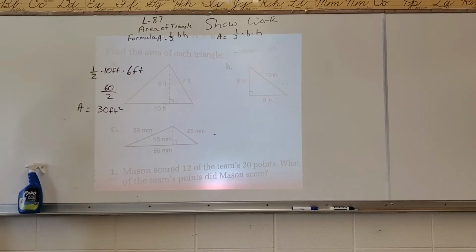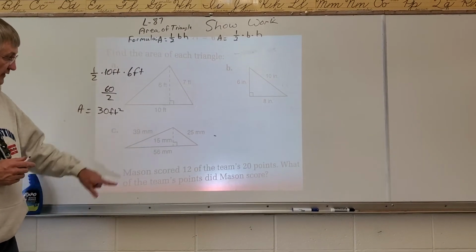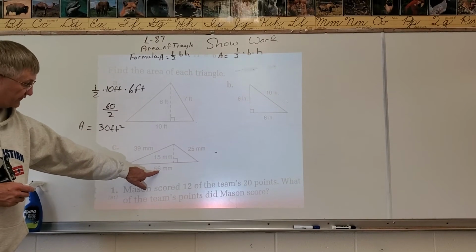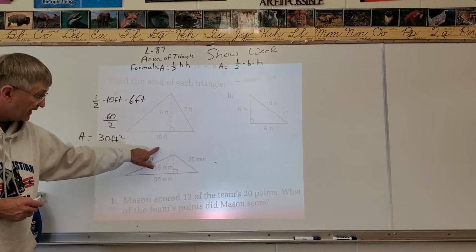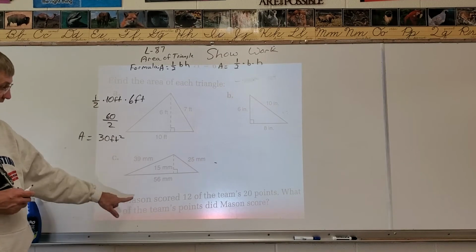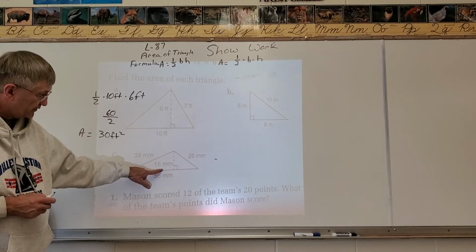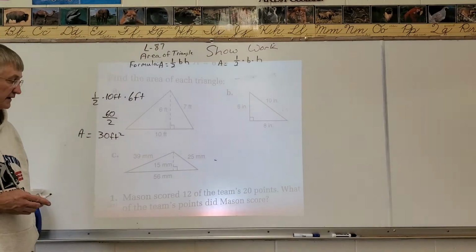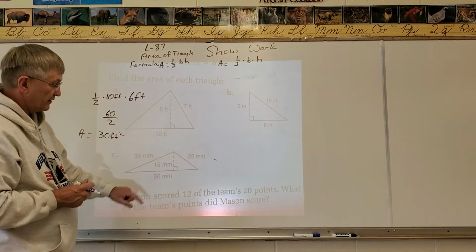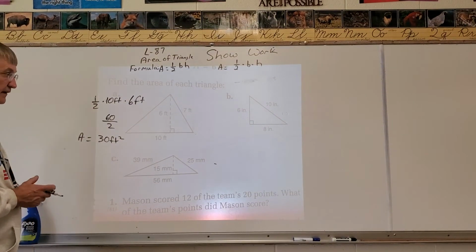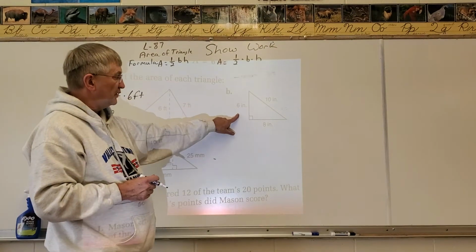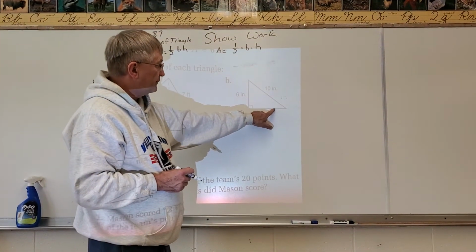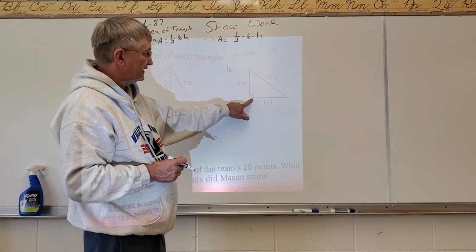Now, here they do give all 3 numbers. So that means I use the 56, 39, and 25 to find the perimeter. And I would use, since this is my height line perpendicular, I'd use 56 times 15 to find the area. Here again, there is no dotted line, but we naturally have a baseline, and what is perpendicular to that baseline?